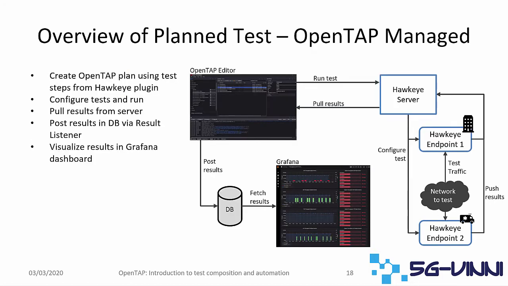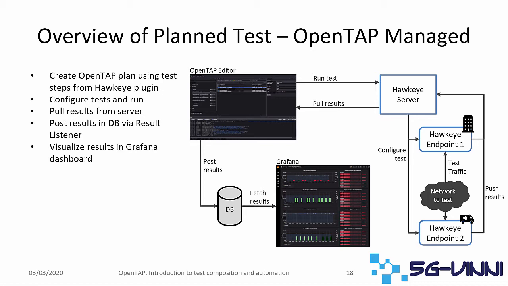Now, adding OpenTAP, a database, and Grafana to the view makes it look like this. We have the same Hawkeye-related setup on the right and the added components on the left. We know what we want to test, specifically the network between the two endpoints. We have the Hawkeye plugin developed, a Postgres database, and a result listener plugin to push the results to the database.